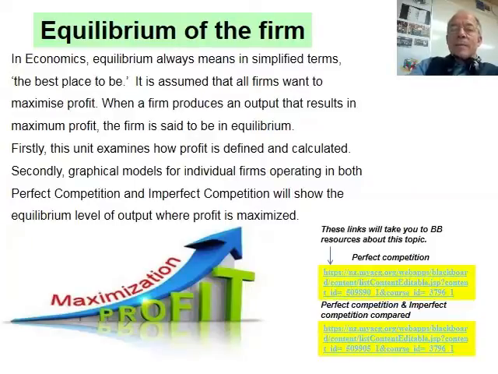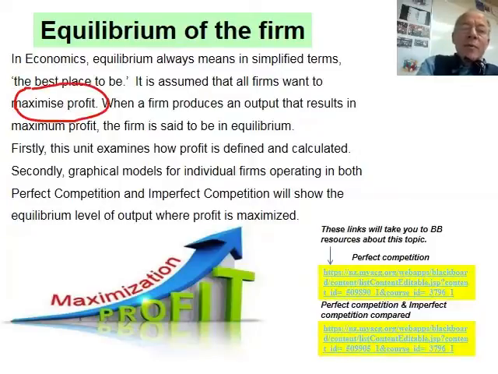That is the assumption. Anyway, when is a firm happiest? Well, what is a firm trying to achieve? What is it trying to do? In this course, we assume that all firms want to maximize profit. And so what we're going to do is look at our graphical models.